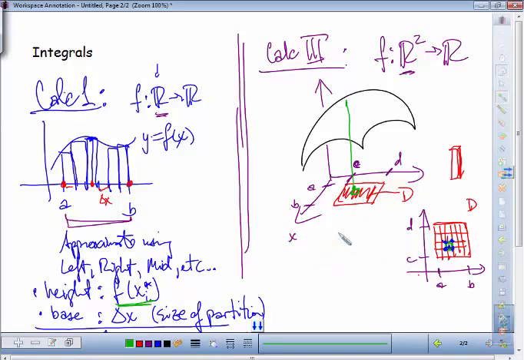So we're going to pick a magic point in here. Pick a point. And we'll call it x sub i star, y sub i star, because there's two of them.